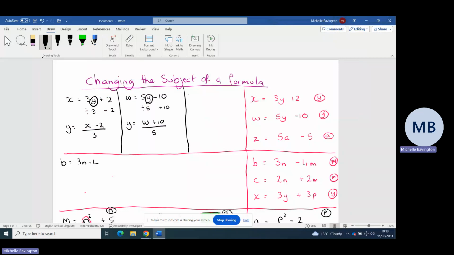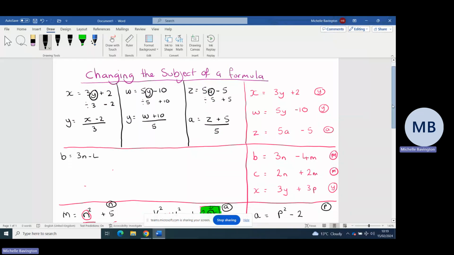Next one, z equals 5a minus 5, making a the subject. So, sorry, divide by 5 plus 5. So a equals, divide at the bottom, z plus 5. Hopefully you've got them all correct.